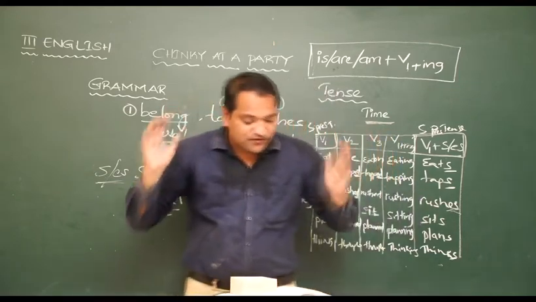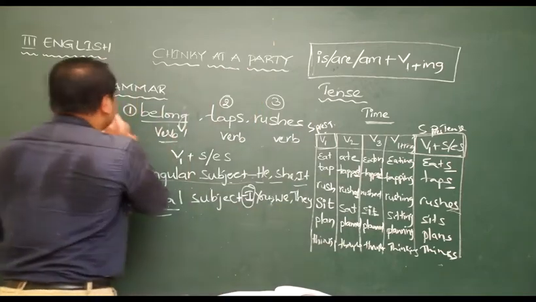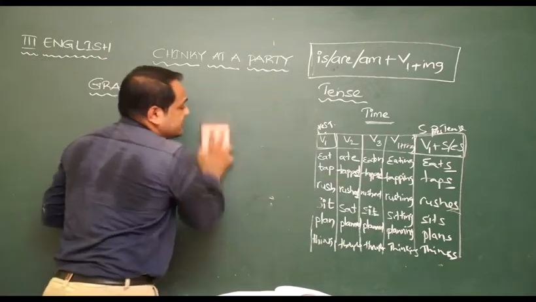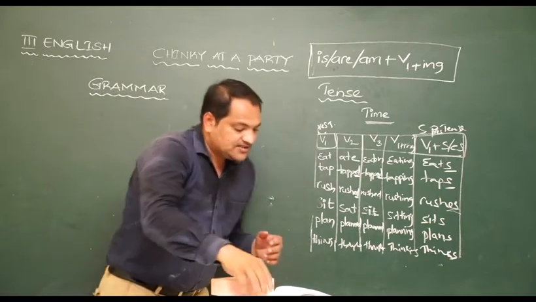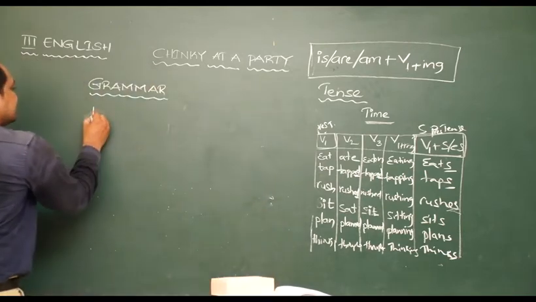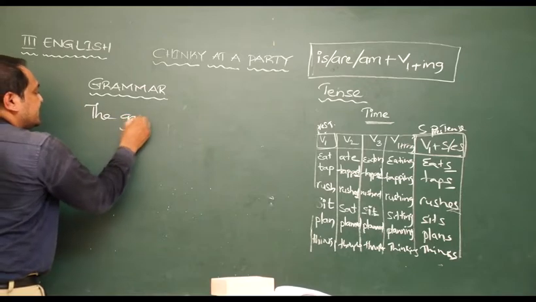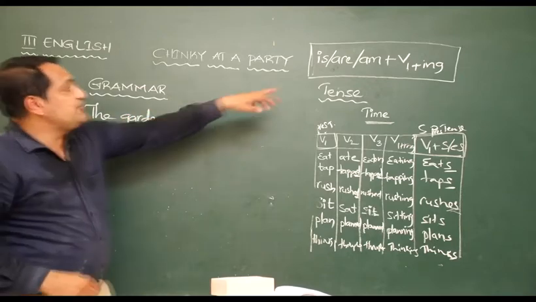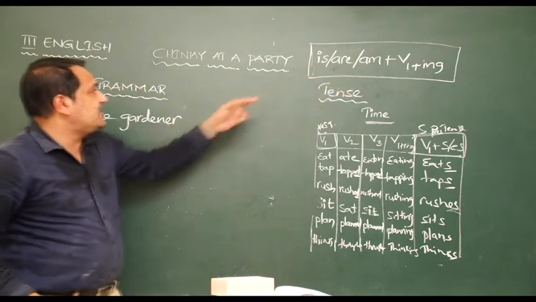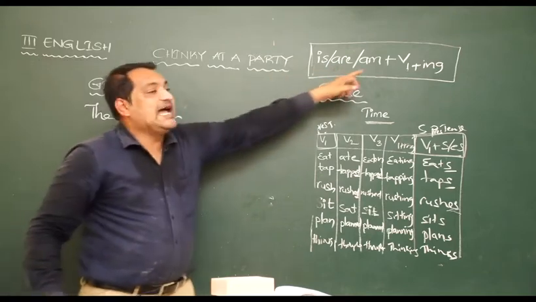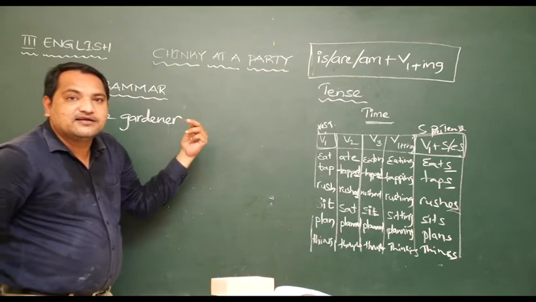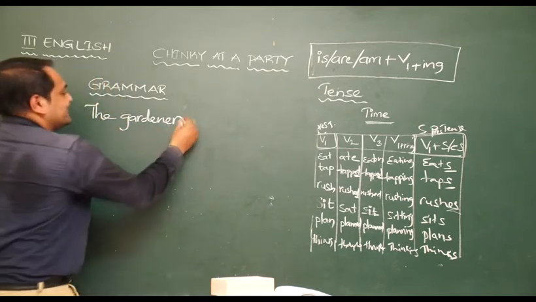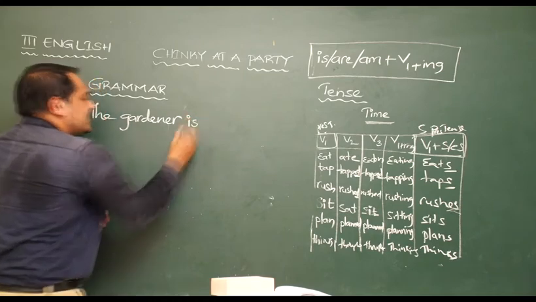Now change the following sentences. We have a small exercise here, my dear students. Let's do it very quickly. The gardener waters plants. What should I use, is, are or am? I should use is, because gardener is singular.